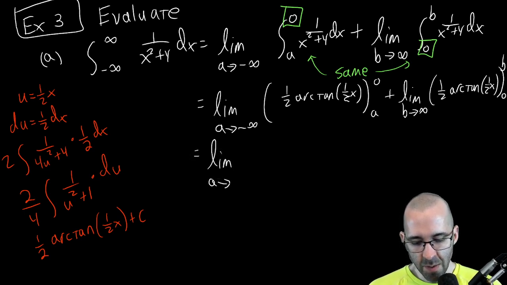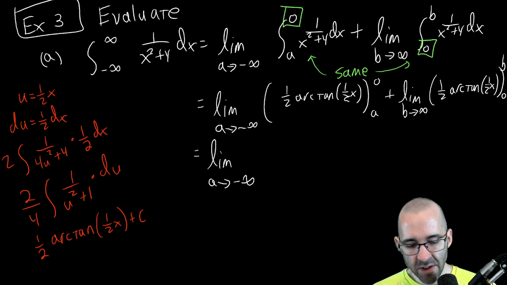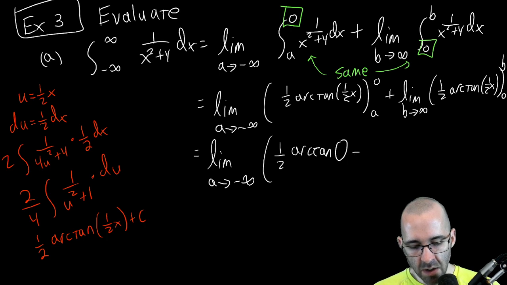That's the limit. I'm already getting sick of writing out these limits. If I can do it, so can you. We could factor out the 1/2 if we want. 1/2 arctangent of 0 minus 1/2 arctangent of a over 2.